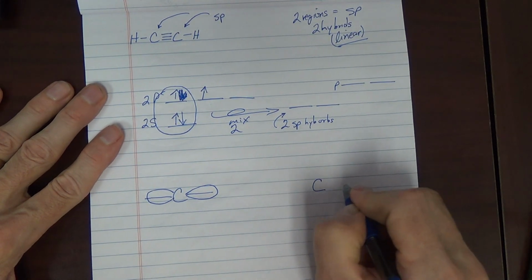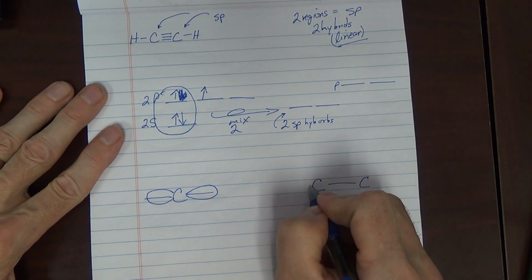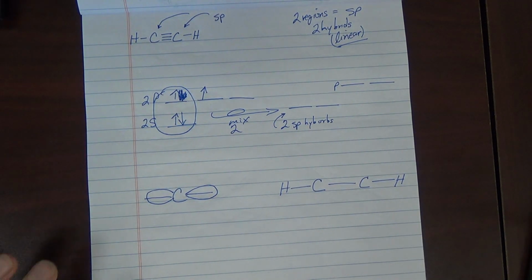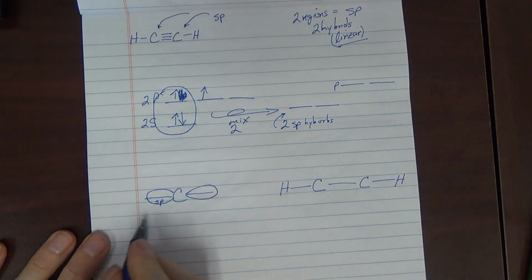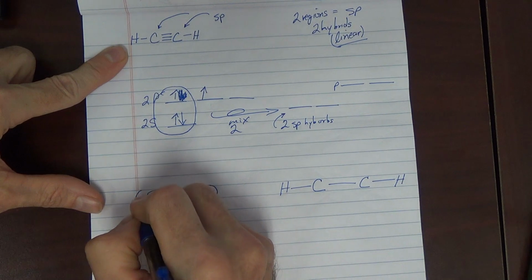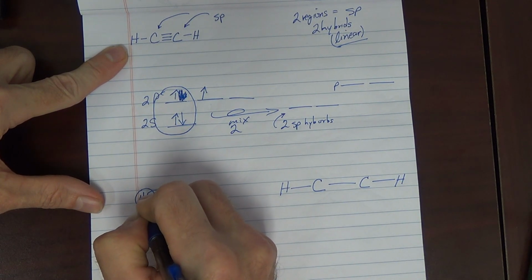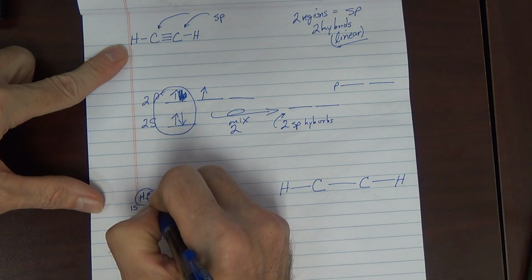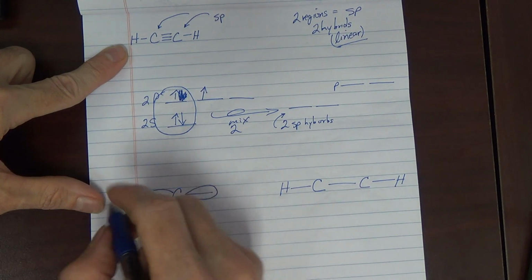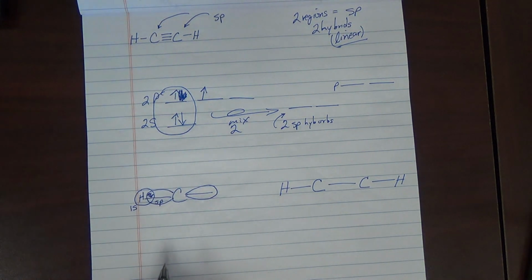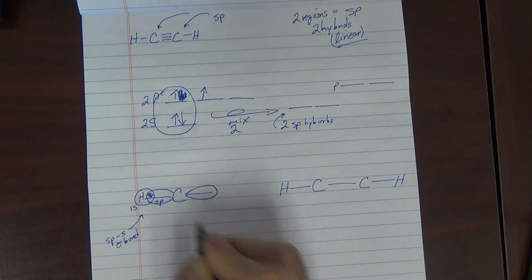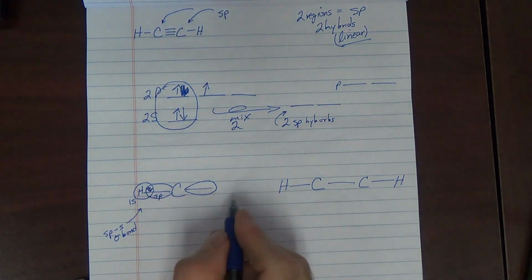What are we trying to get to? Trying to get over here. This is an sp. What is it bonding with? Well, the H, 1s, one electron from H, one electron from carbon to make a sigma bond. Well, how about over here?